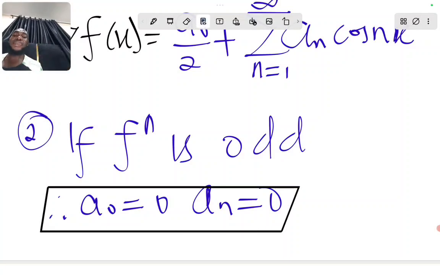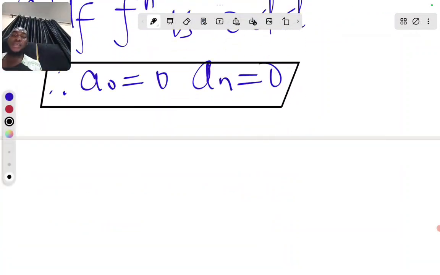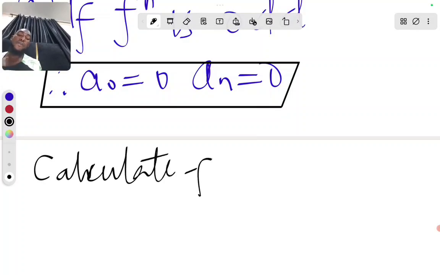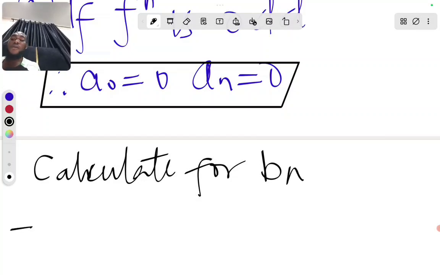And this now implies that we have to calculate for bn.